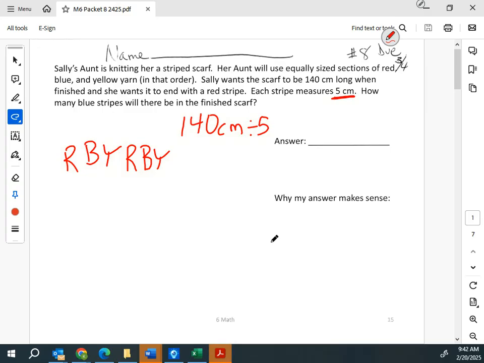Write out your pattern that many times. This is 1 stripe, 2 stripes, 3 stripes, 4 stripes, 5 stripes, 6 stripes. If there's going to be 35 stripes, you need to write out 35 letters in your pattern, right? Then count up how many of them are blue. You should end with your final stripe being a red stripe.